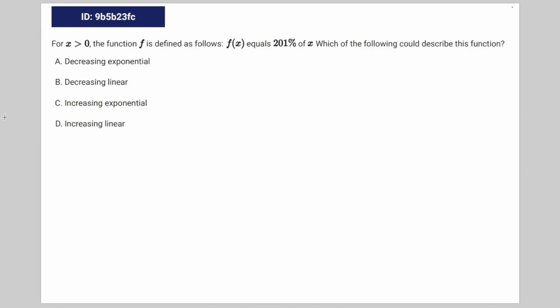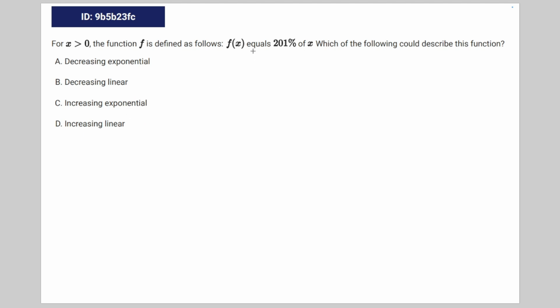Then moving on to another topic, we're given the following question. For x is greater than 0, the function f is defined as follows. f of x is equal to 201% of x. Which of the following could describe this function? So we're given 4 options: decreasing exponential, decreasing linear, increasing exponential, and increasing linear.